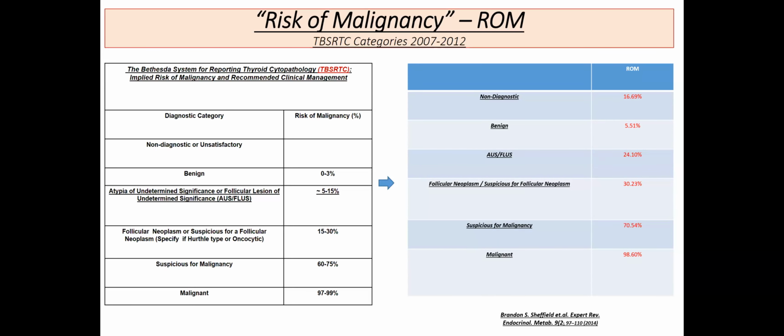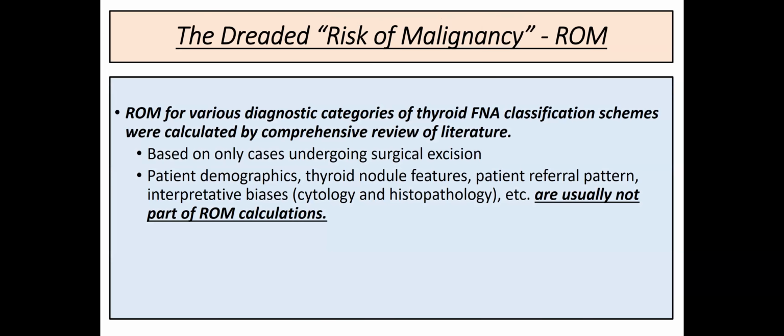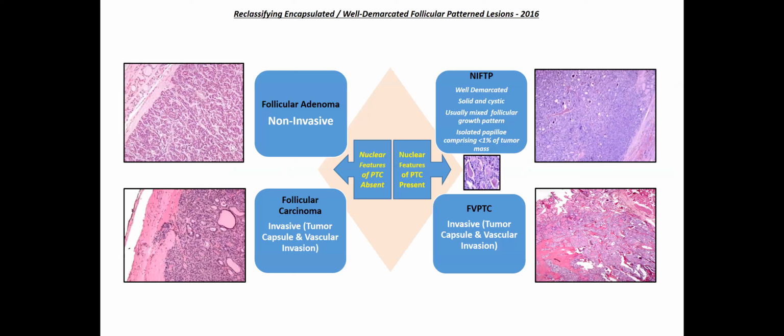So these studies, which came after the Bethesda classification scheme and showed that change in the risk of malignancy, are something to be looked at academically, and then you have to decide where you are in this range. I think that's an important QC and QA tool, but not something to be used to say that you're doing something wrong, because I don't think it really matters in the end. So I think it's very important to take those risks of malignancy as a stepping stone, but not something which is written in stone. Now, what happened before the second edition?